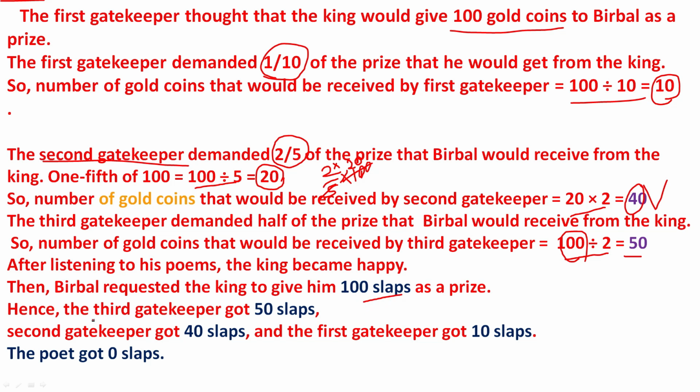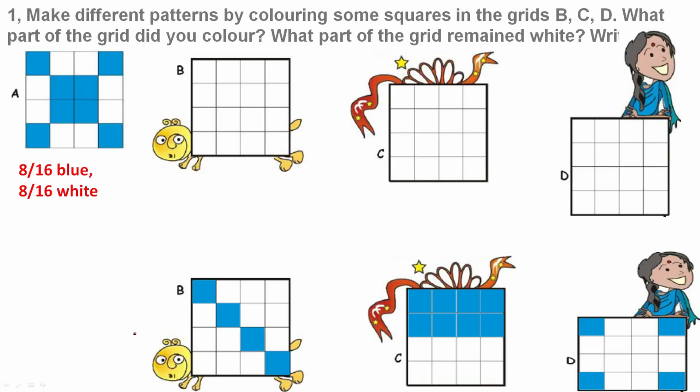So the third gatekeeper got 50 slaps, half of 100 is 50. The second gatekeeper 40 slaps, and the first gatekeeper got 10 slaps. At last the poet got 0 slaps. Without any punishment, he came out of the palace.